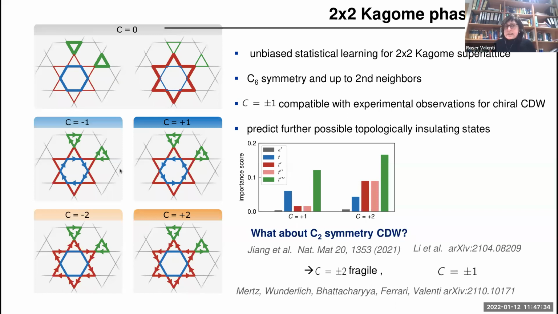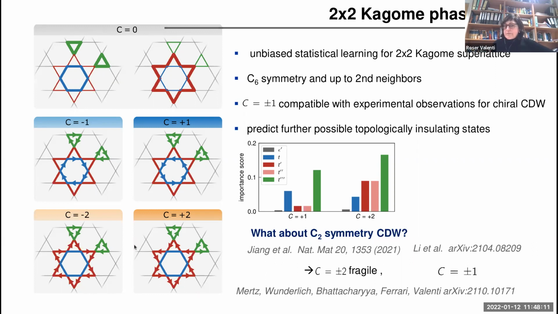But we also have realizations of Chern insulators with Chern number 1 and -1, which are chiral. So the mirror symmetry is broken, time reversal symmetry is broken, but the product of the two is preserved. Again, the information that we get from this analysis, going to these hopping parameters, is what kind of parameters are going to realize this type of phase, which has this type of chirality.